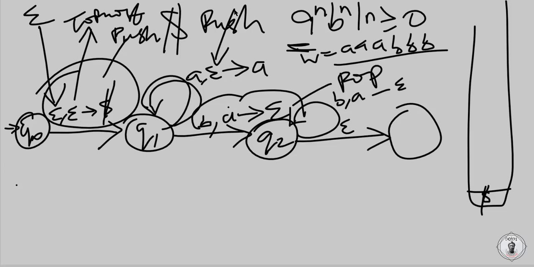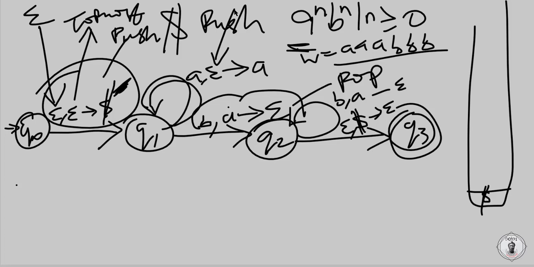At the point I'm reading an empty word, epsilon, and I see the character $, the same that we pushed here, I want to pop $ out of my stack. So I'm able to accept at Q3, and with this I'm done.